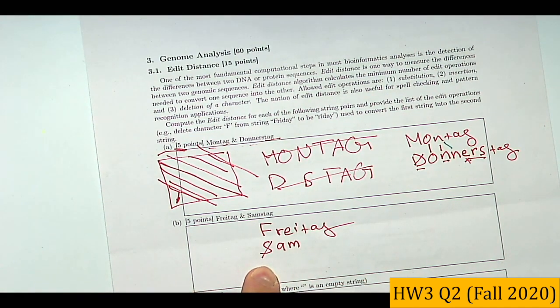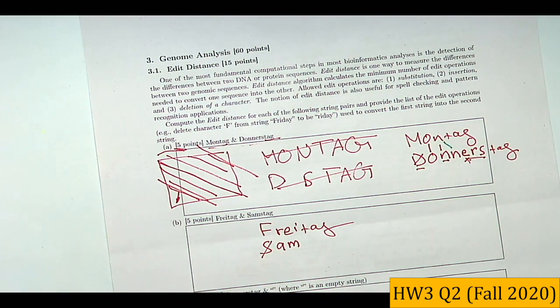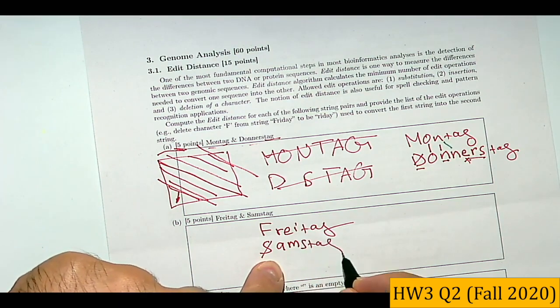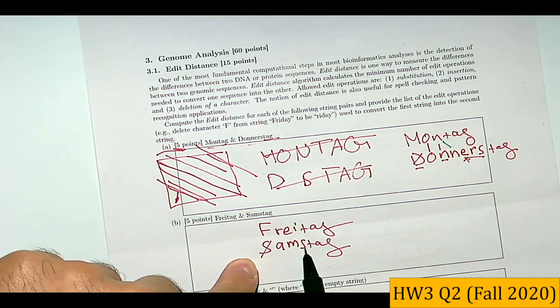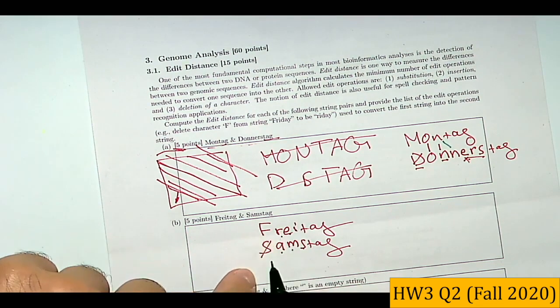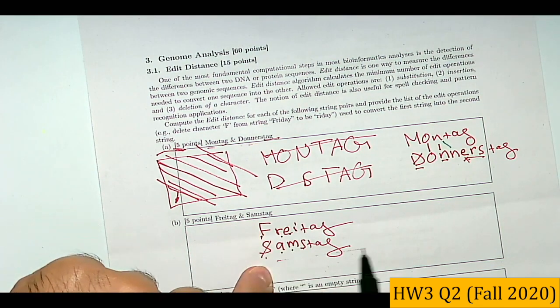So we don't need to delete it, actually. Here, maybe substitute it. It's more accurate. Why is that? Because we want to keep it the same length. Okay? So we have the S and then the tag. So if we substitute the S with the I, M with the E, A with the R, and S with the F, then it will exactly match, right?